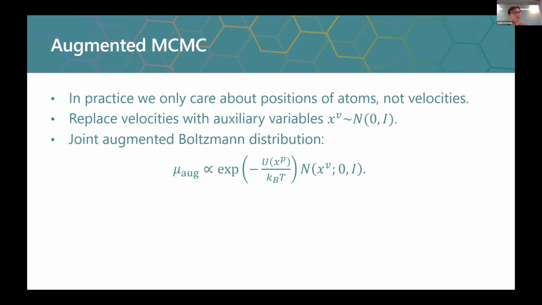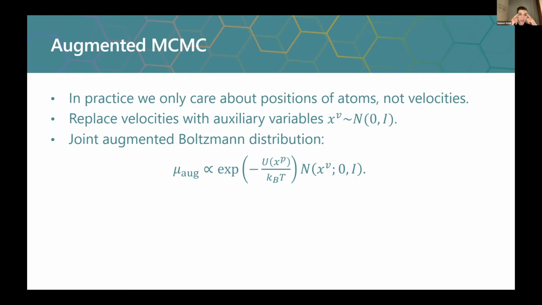But maybe one could also have a little bit of correlation between the velocities and not completely resample them, to have a direction to your MCMC chain, and then have maybe faster mixing if the velocities aren't always completely resampled.